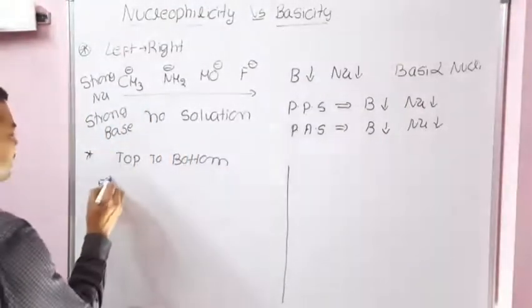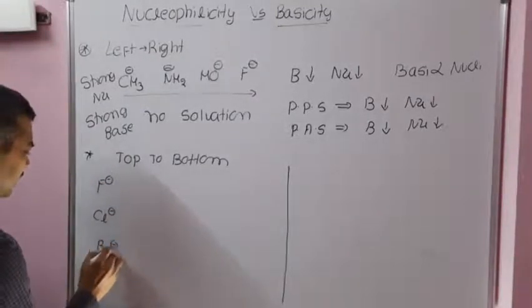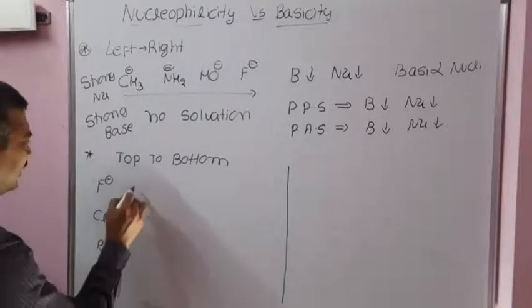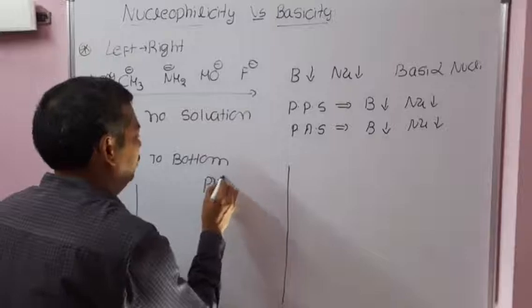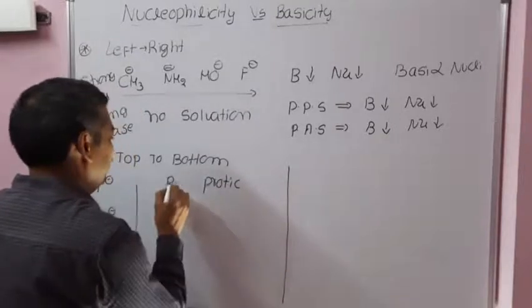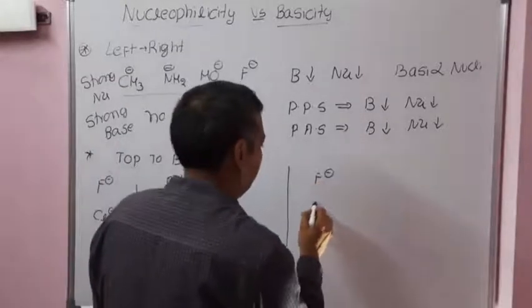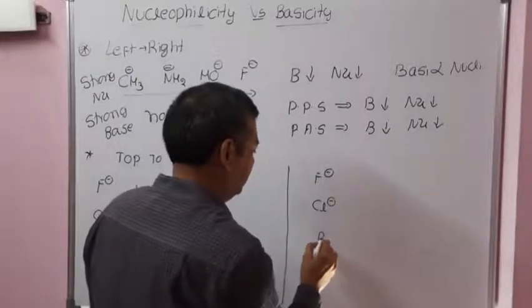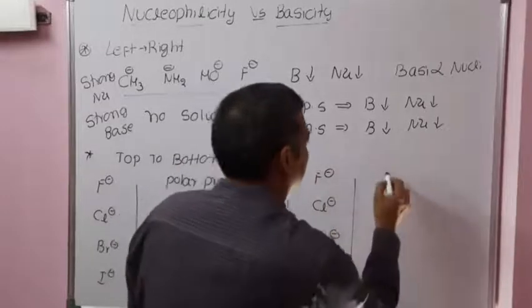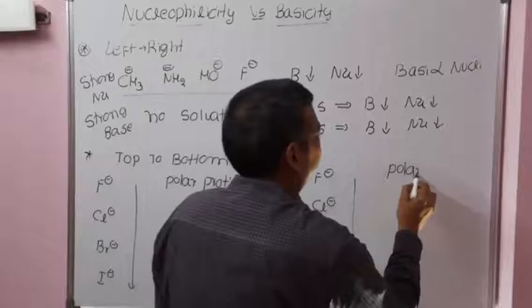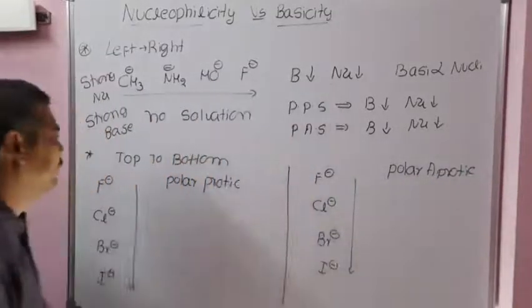So F minus, Cl minus, Br minus and I minus, from top to bottom, in polar protic solvent, whereas in polar aprotic solvent, F minus, Cl minus, Br minus, I minus, from top to bottom. Let's see from top to bottom.